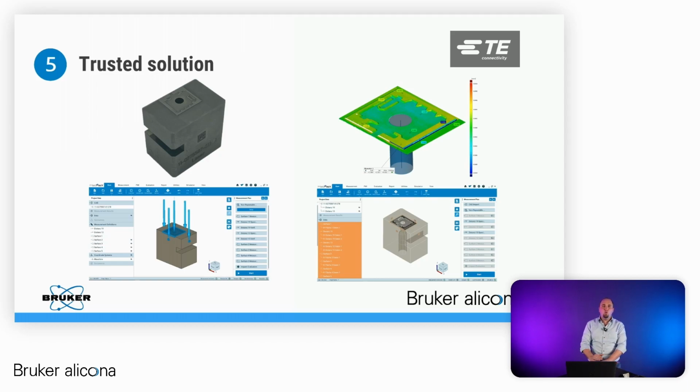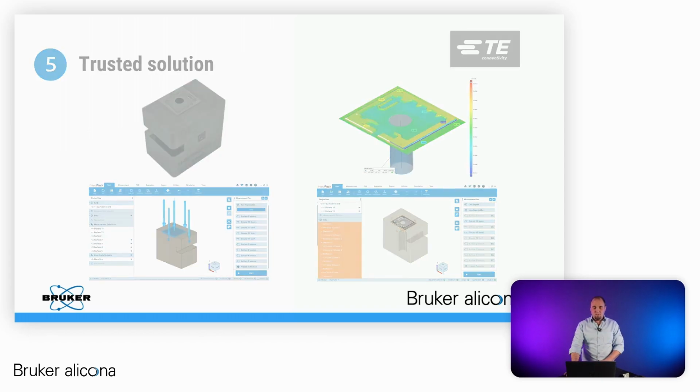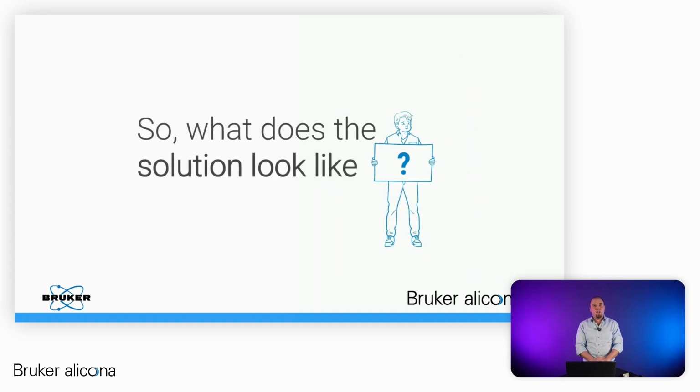We have a full measurement of the whole surface which is needed, and we do a CAD comparison directly in our software. But from the theoretical part, it's always the explanation and the reality. So I want to show you now with a video how it looks in real.